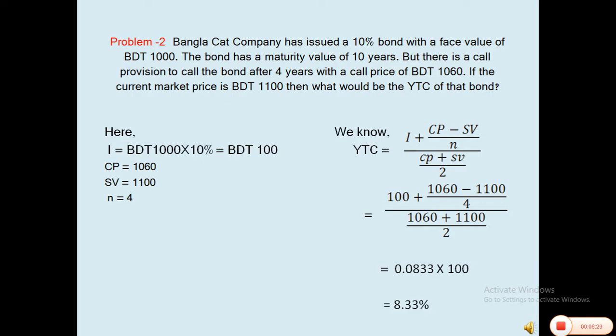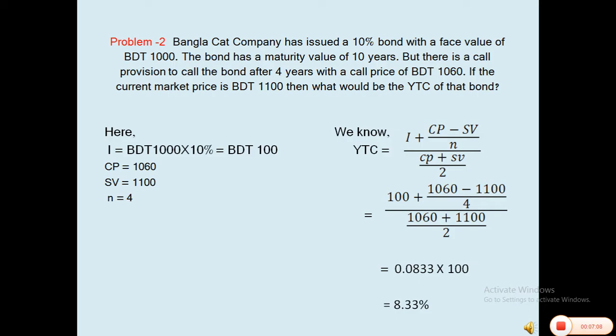Problem 2. Banglaket company has issued a 10% bond with a face value of BDT 1000. The bond has a maturity of 10 years, but there is a call provision to call the bond after 4 years with a call price of BDT 1060. If the current market price is BDT 1100, then what would be the YTC of that bond?